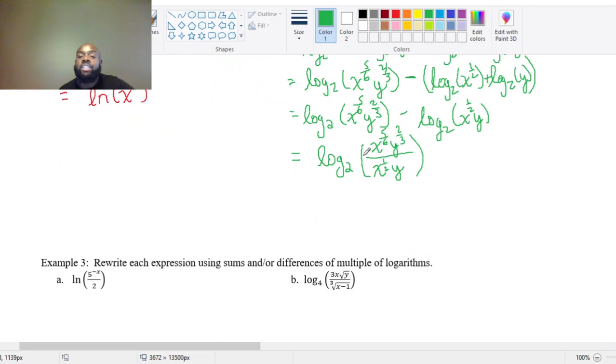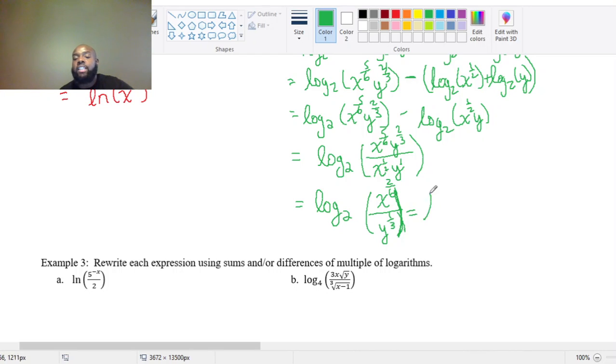And now this just becomes a simplification of things like we did at the very beginning of our course. Since my bases are the same, I can subtract my exponents. 5/6 minus 3/6 is x to the 2/6. And since this is a 1, I'm going to subtract the 2/3 from 1 and put this in the denominator. That's going to be y to the 1/3.